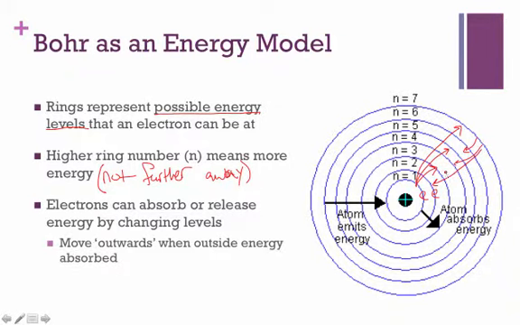And that's what we're saying here. As we move outwards when the energy is absorbed, and our electrons move inwards when the energy is released. So this is really the way you want to think about the Bohr model, not as a place to show us where electrons are, but as a model that shows us how much energy each electron has. And being further out in the rings corresponds to having larger amounts of energy.